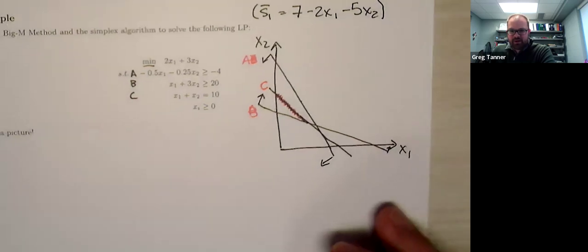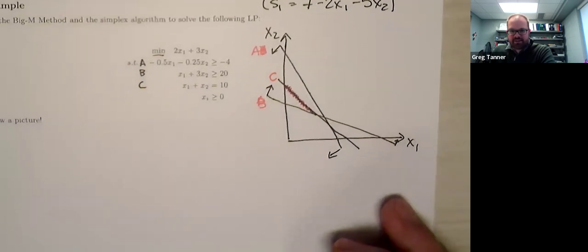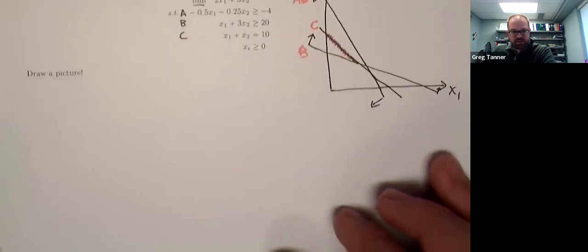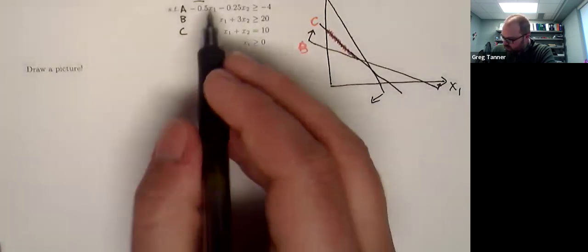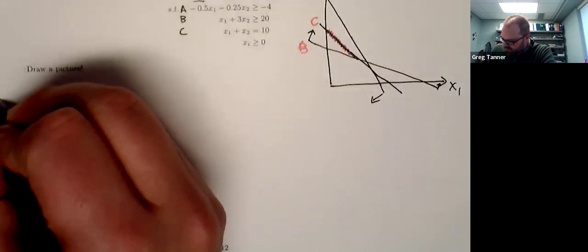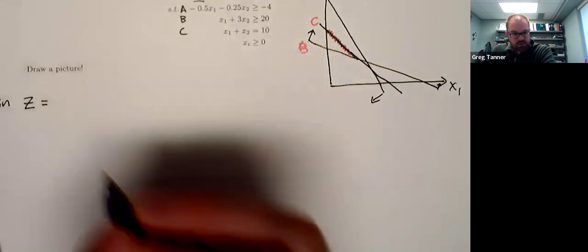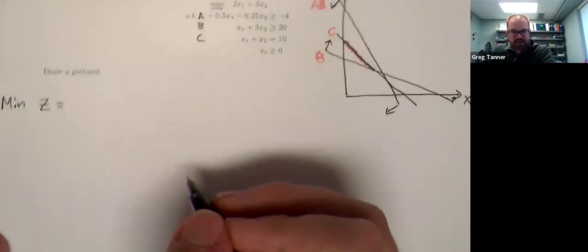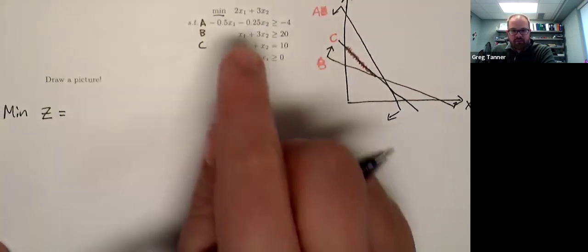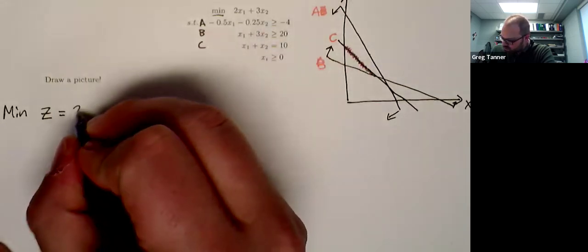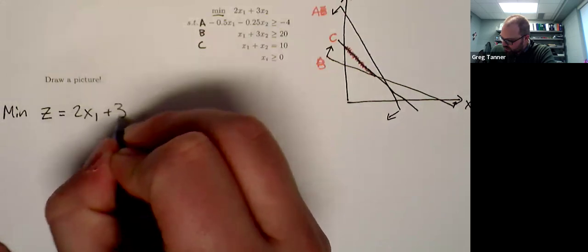Okay, let's work on how we would set this up. Okay, so a couple things as we set it up. We will be minimizing z equals, and then I'm going to line things up and work on these one by one. First things first, we're going to have 2x1 plus 3x2.